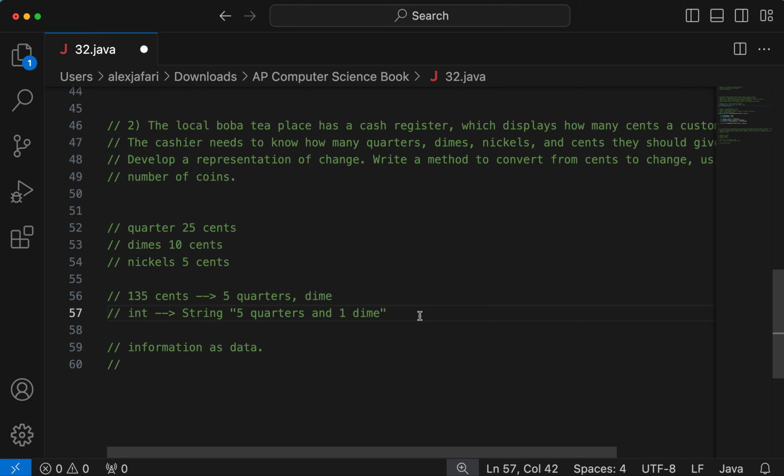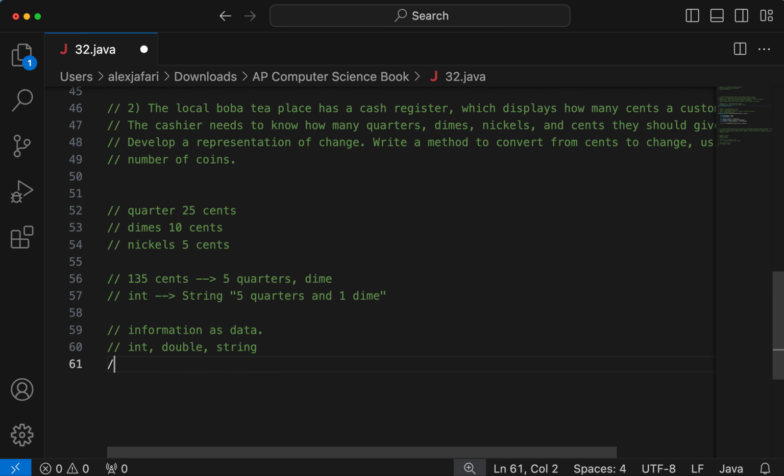What did we say about strings last class? That they should not be used as outputs. Not that they shouldn't be used as output, they shouldn't represent data, right? There's always better ways to represent data. Instead of a string, what else can we do? We said you can use the primitive types like int, double, and string, but when information is complex, what do we use?